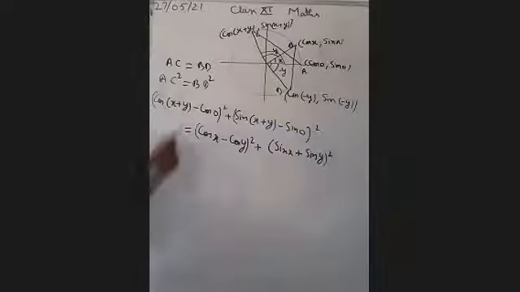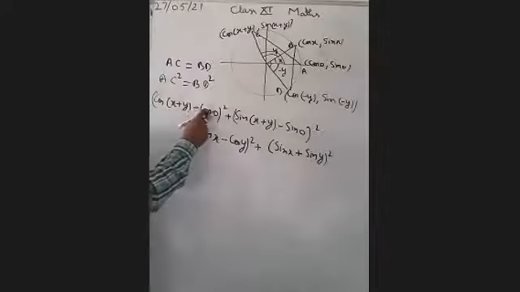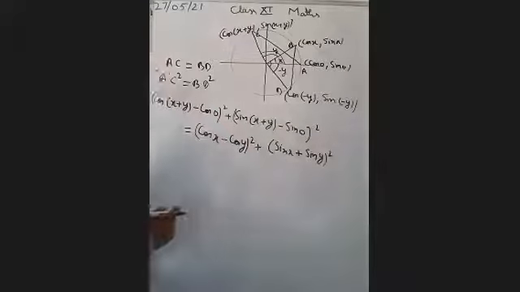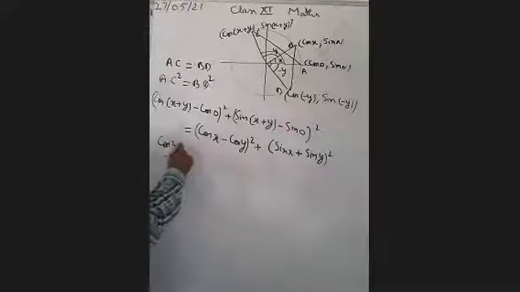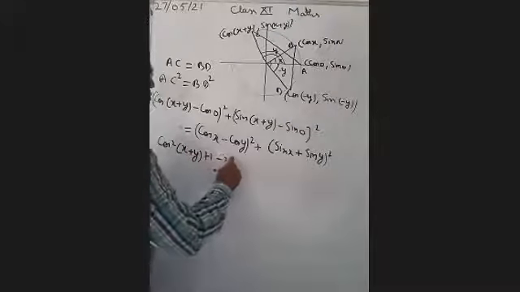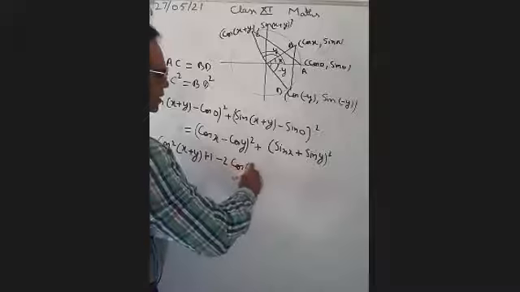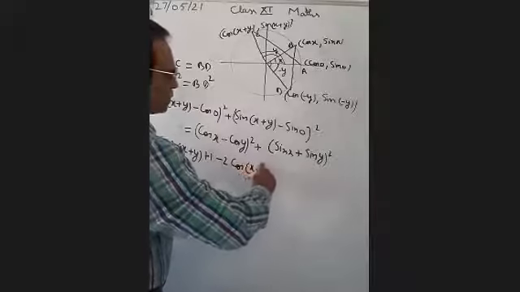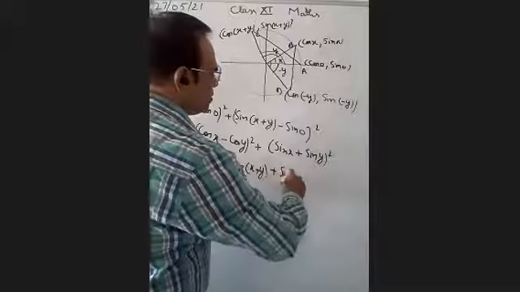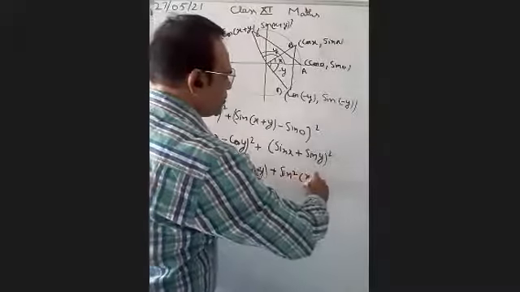So we are using the distance formula, cos 0 equal to 1 and sin 0 equal to 0. So it is equal to cos square x plus y plus 1 minus 2 cos x plus y plus sin square x plus y.